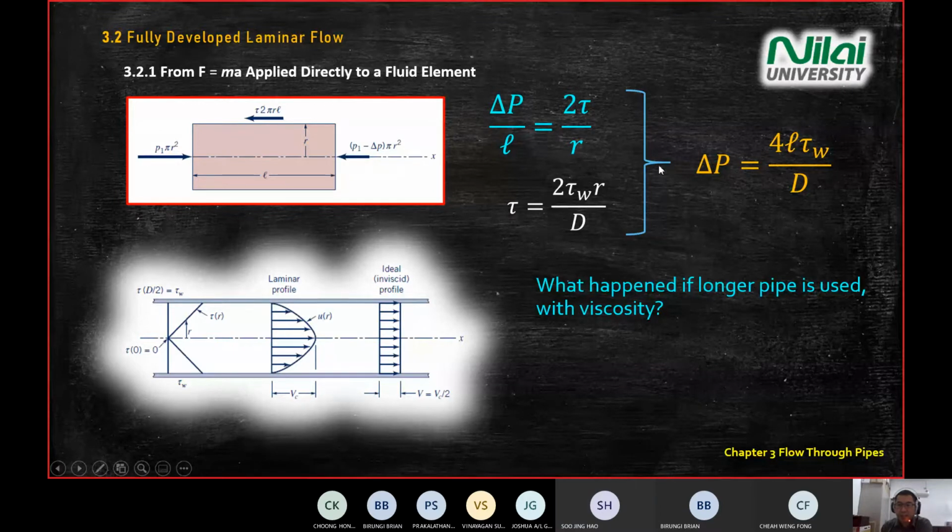What happened to your delta P? This is mathematics. You understand this equation or not?